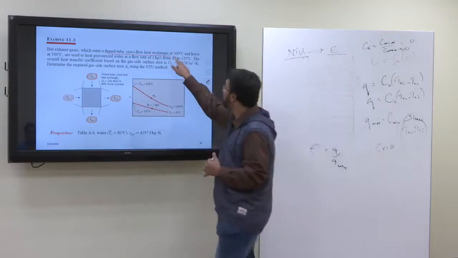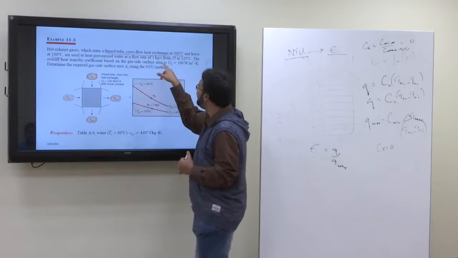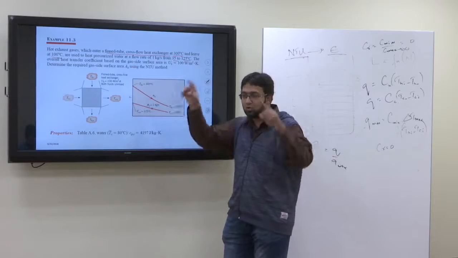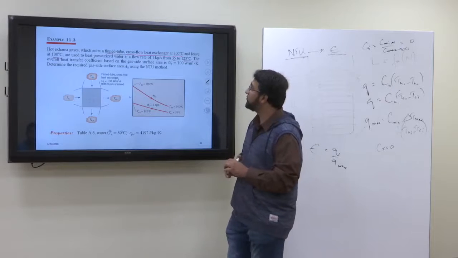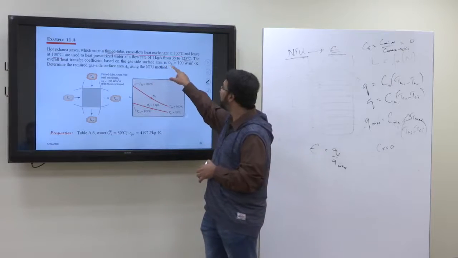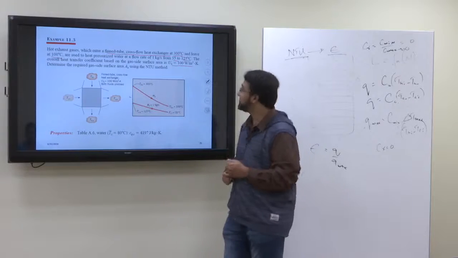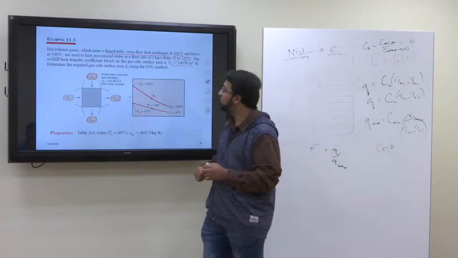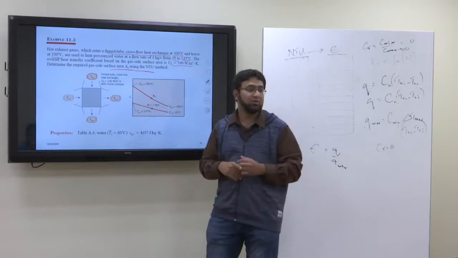You know the hot inlet, the hot outlet, the cold inlet, the cold outlet. You know all the inlet and outlet temperatures. The overall heat transfer coefficient based on the gas side surface area, the outside overall heat transfer coefficient, is 100 watt per meter square Kelvin. Determine the required gas side surface area. So now you want to know the area.